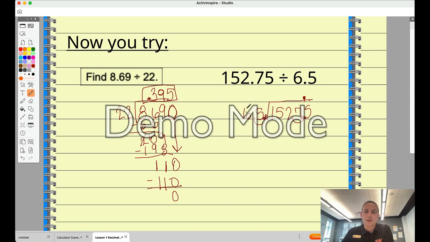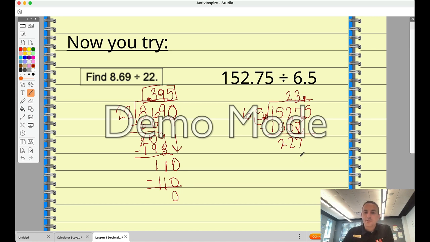Now I work my way through. One of the ways to do this is I don't know my 65 times tables, but I do know how many times 6 goes into 15. Well, I know it goes into it about twice, so that's what I'm going to say. 65 goes into 152 2 times, so that's 130. I'm going to get 227 now when I bring my 7 down. 6 goes into 22 about 3 times.